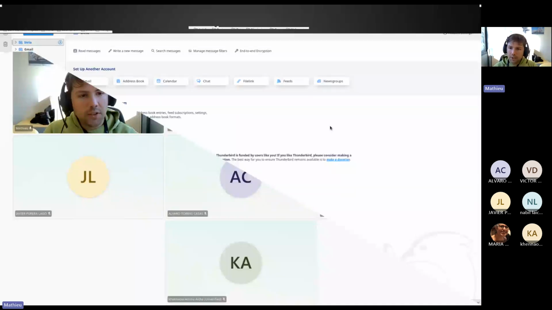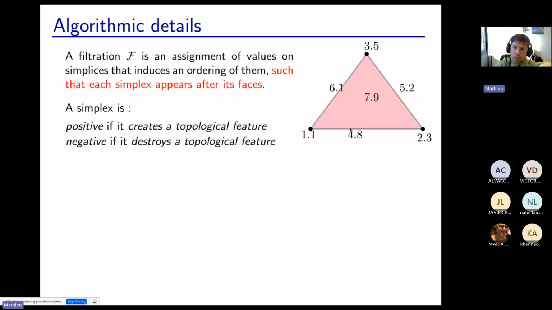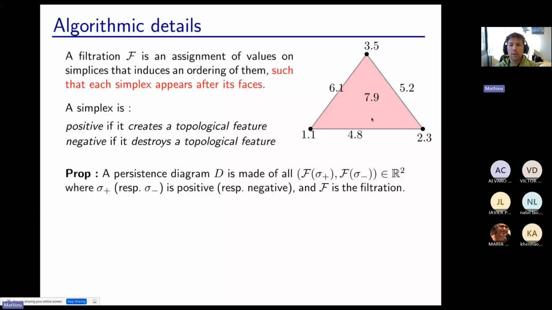Then I'm inserting the edges. The first 2 edges destroy connected components because they attach them to the first one. The last edge creates something because it creates the cycle made of the 3 edges. And the triangle is negative: it fills in the cycle.